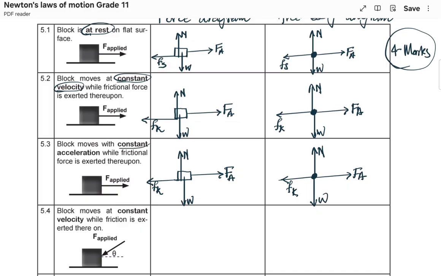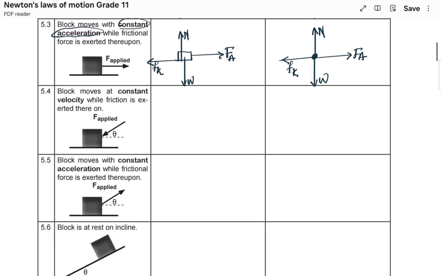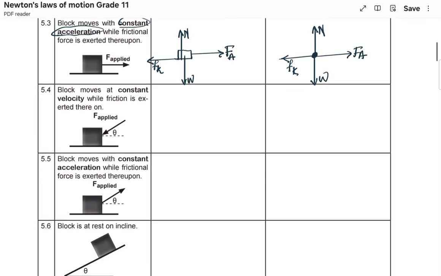So this is constant acceleration, not constant velocity, because now we are practicing the free body diagram. Let me not go into the formula of Newton's laws. Okay, so constant velocity.